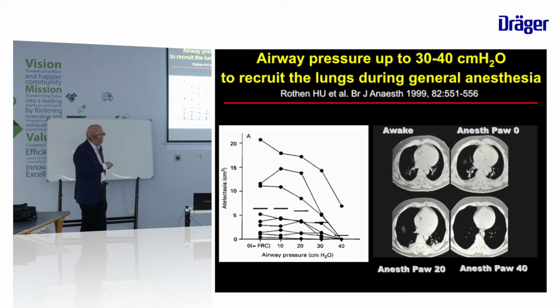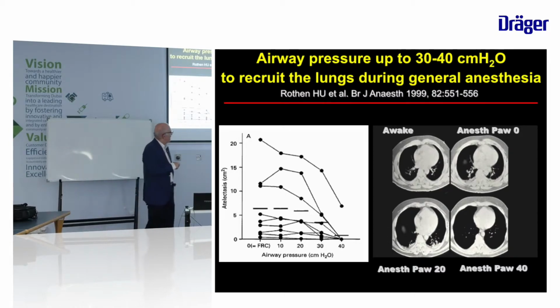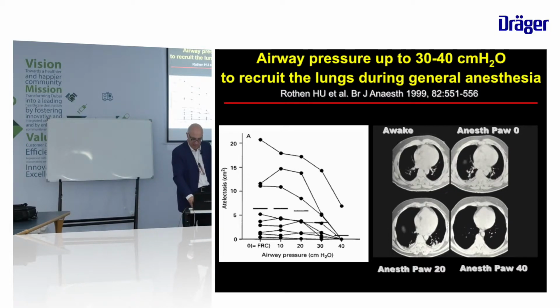This is the atelectasis, this is the airway pressure, to recruit the lung. Of course, if you have not much atelectasis, the question is, do we need the recruitment or not? But this will be a matter of further discussion.